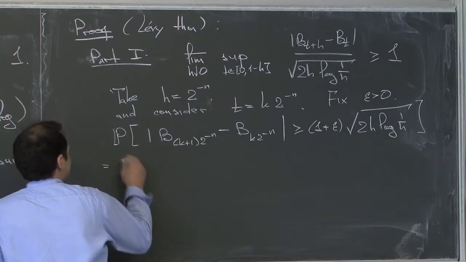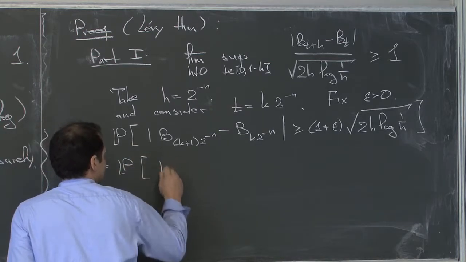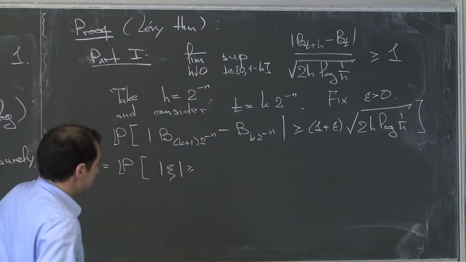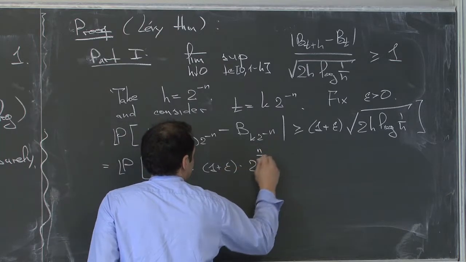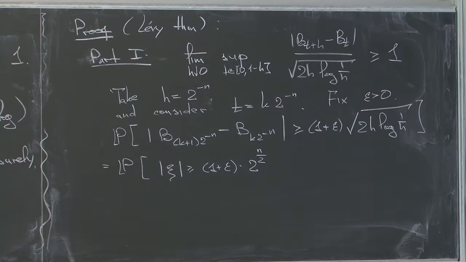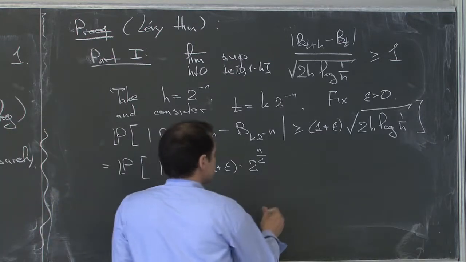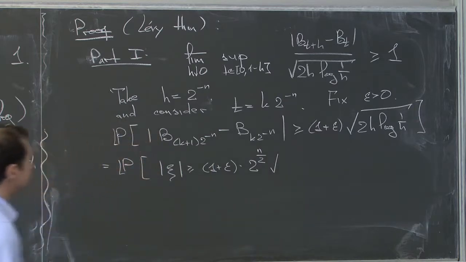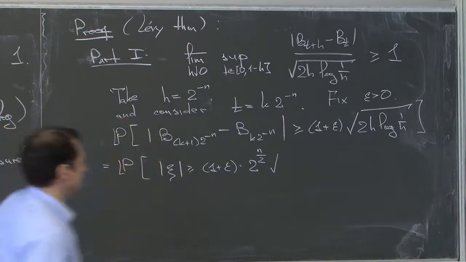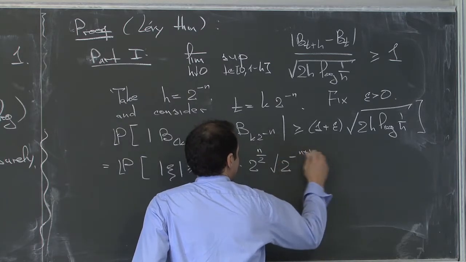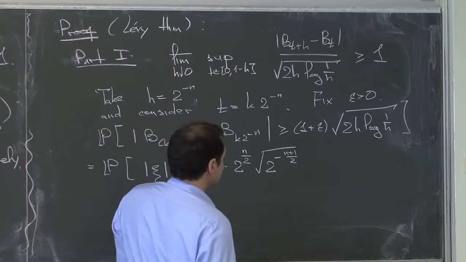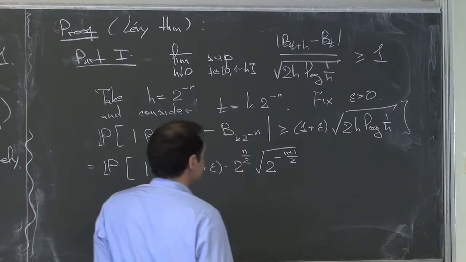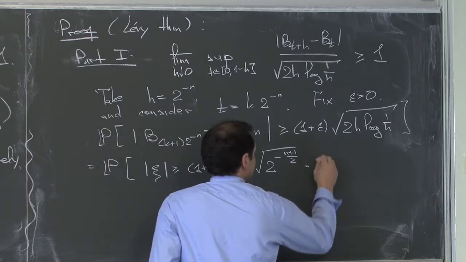So this is the probability that the standard normal variable is greater than (1 plus epsilon) times 2 to the n over 2. I recovered the normalization. So here h is again 2 to the minus n, plus 2 over 2, right? And what is log? Log is basically n log 2.